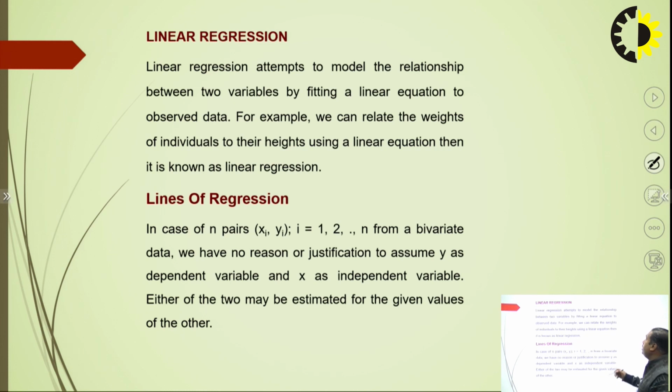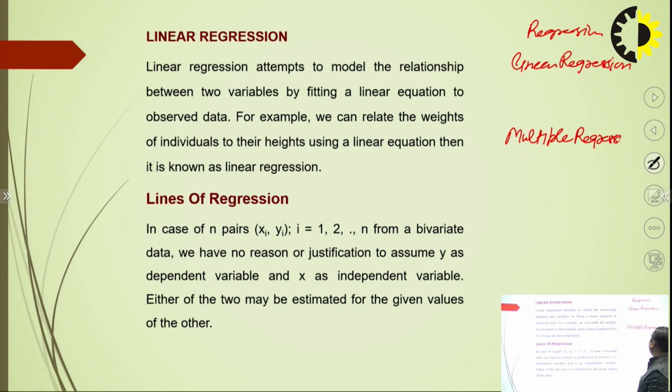Now let us take linear regression. There are two types of regression. First is linear regression. Other is multiple regression. Linear regression attempts to model the relationship between two variables.